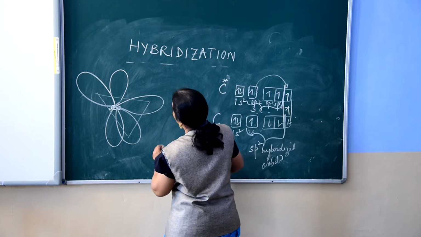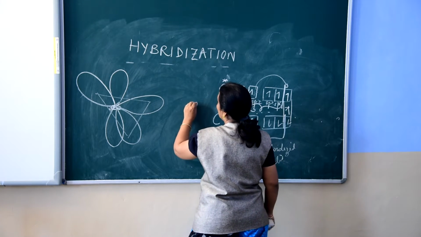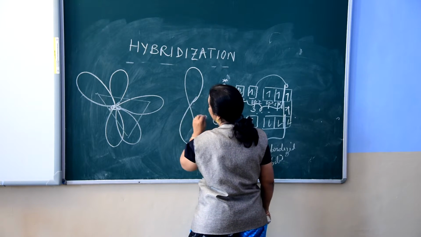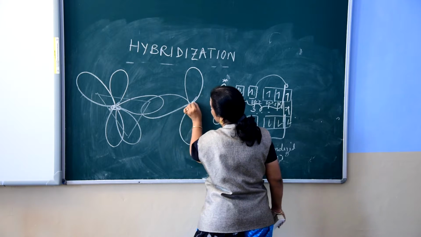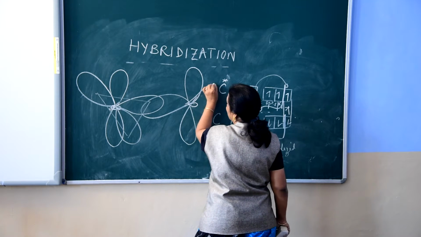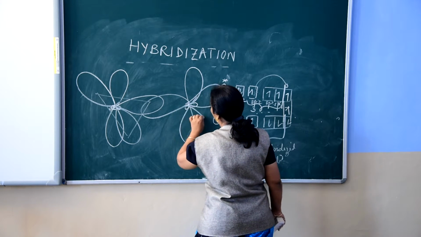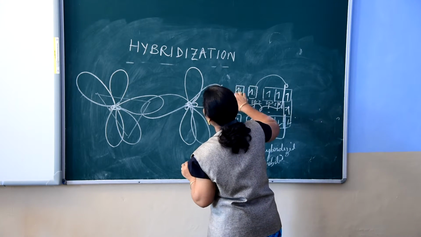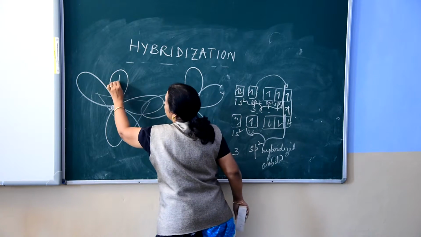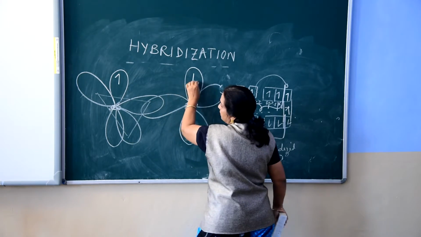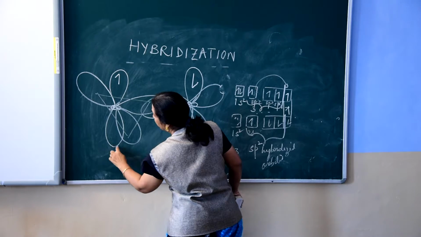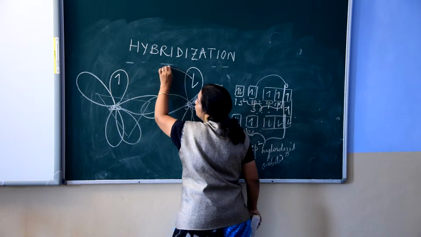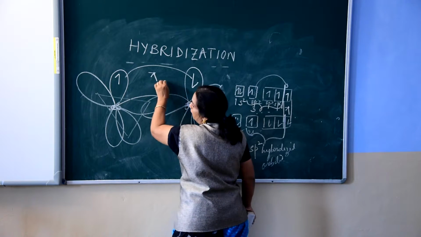This carbon will overlap with another carbon atom. This is one lobe, this is the second lobe and this is the third lobe. When we observe carefully, this is a complete lobe which is not involved in hybridization. This will form a normal pi bond.